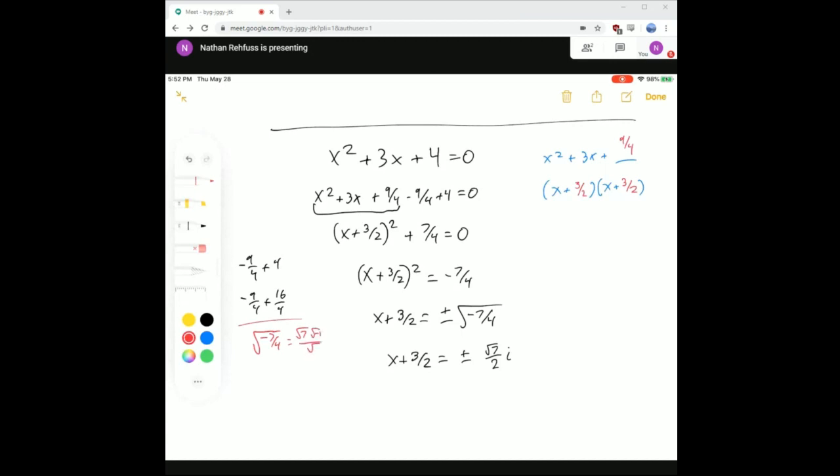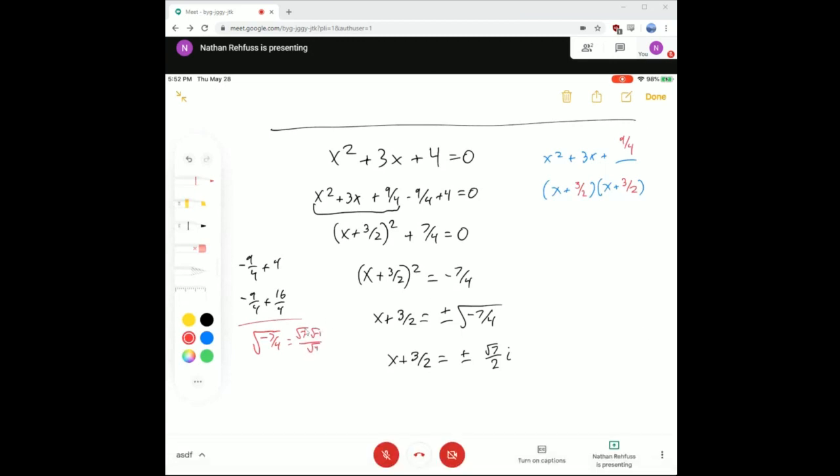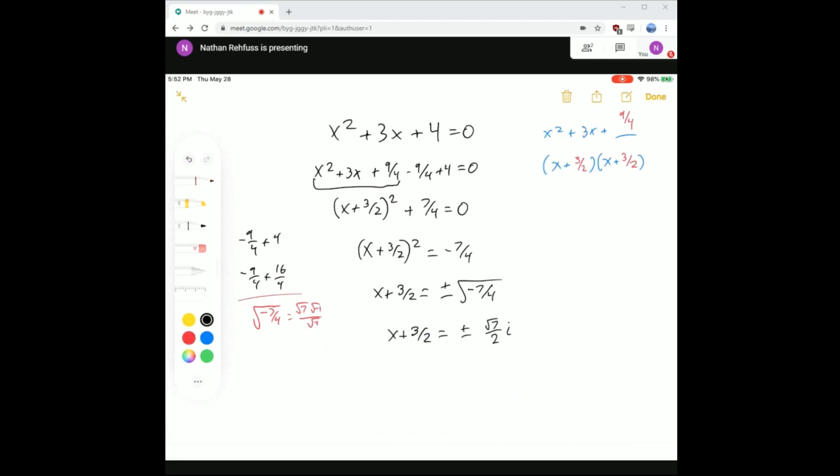That's what I'm doing here. So √7 came right over. √-1 is our i. √4 in the denominator is just 2. And now I can subtract 3/2. So x is either one of these complex numbers, -3/2 plus √7 over 2i, or -3/2 minus √7 over 2i.